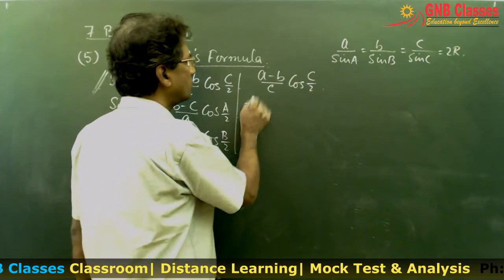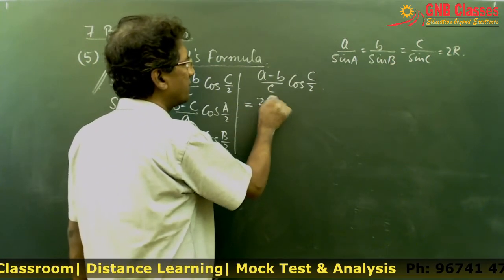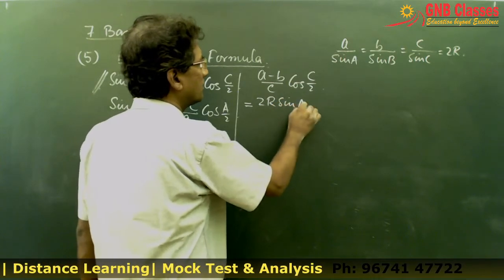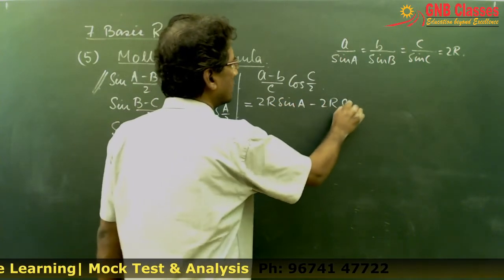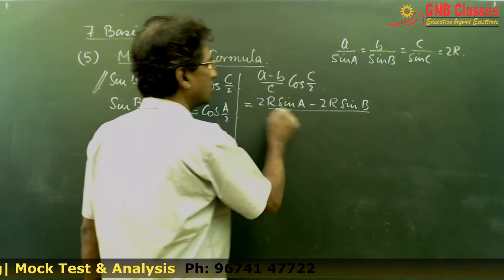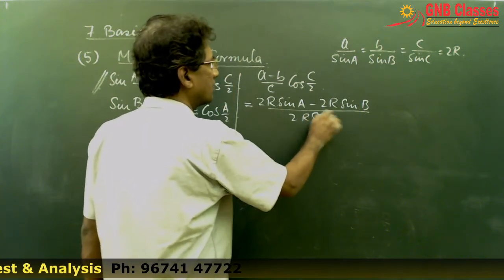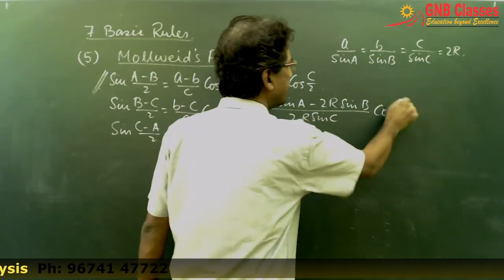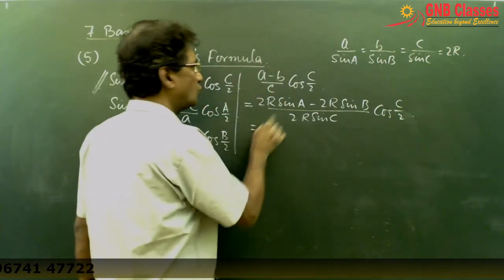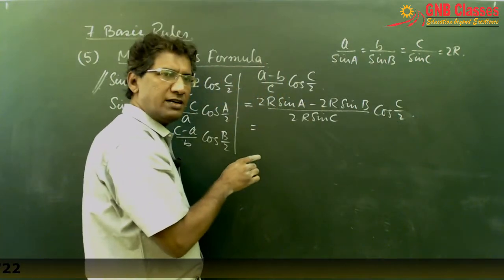Now a can be replaced by 2R sin A, and so on. So 2R will get cancelled from the numerator and denominator.